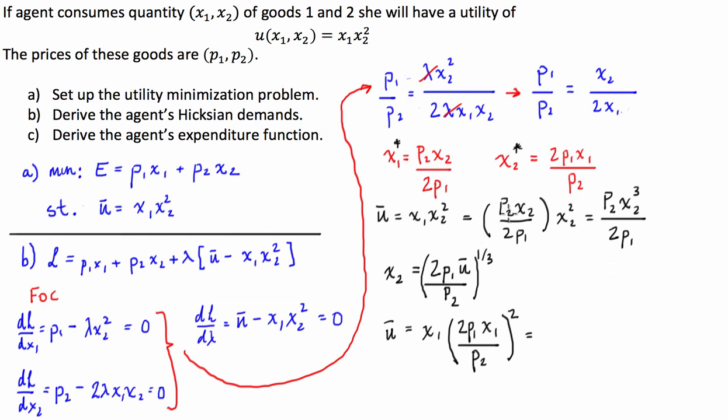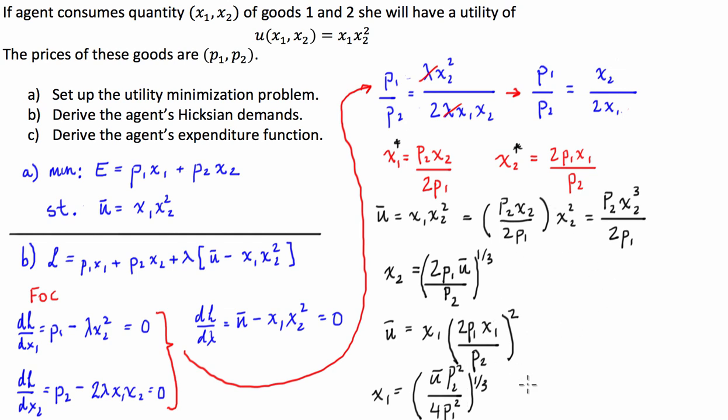So from there, we can rearrange that and make it in terms of x1, and I'm running out of space. So we're going to have x1 equals u p2 squared divided by 4p1 squared, all to the power of 1/3.